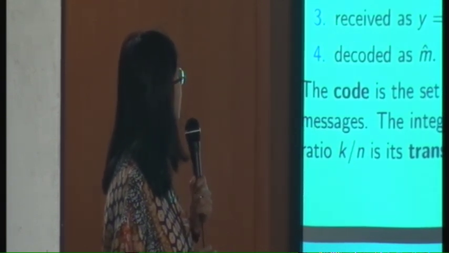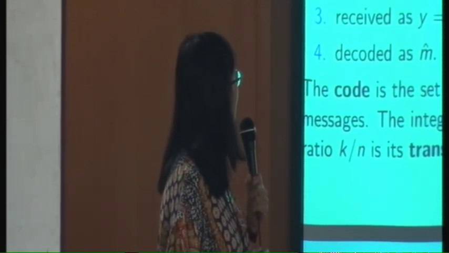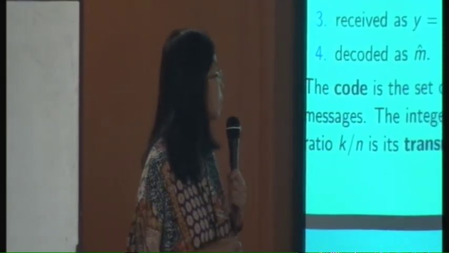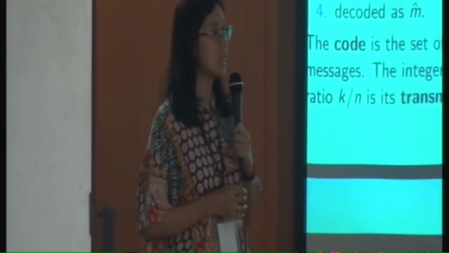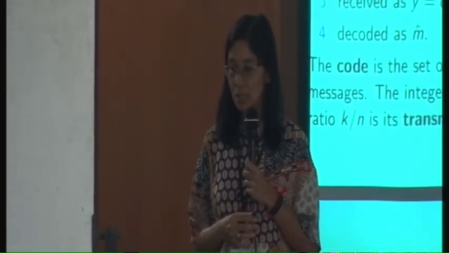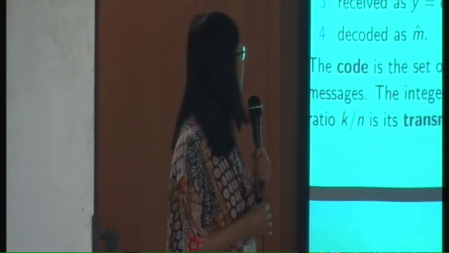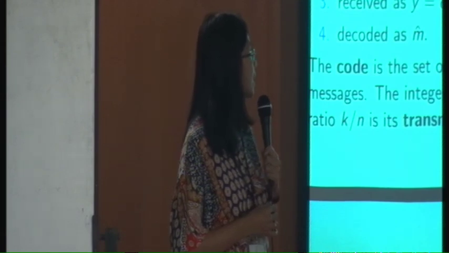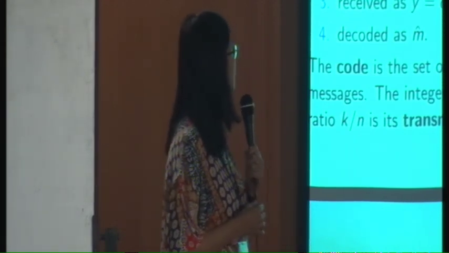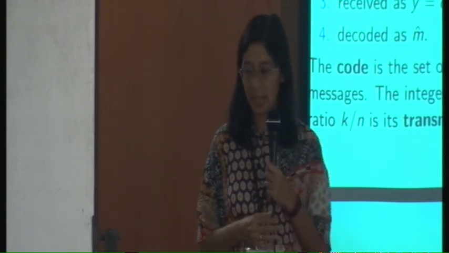In 1948, Shannon published A Mathematical Theory of Communication, dealing with the problem of digital communication in the presence of natural noise between a source of message and a receiver. Message m is encoded as a string c in F^n, where n is bigger than k.